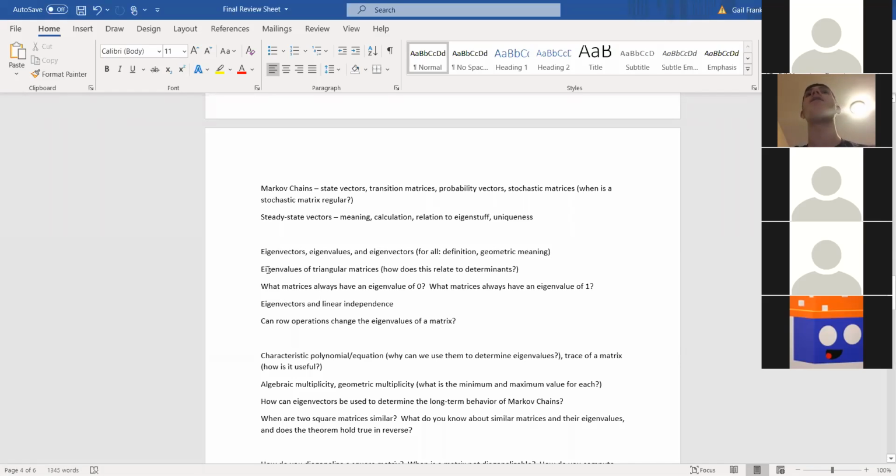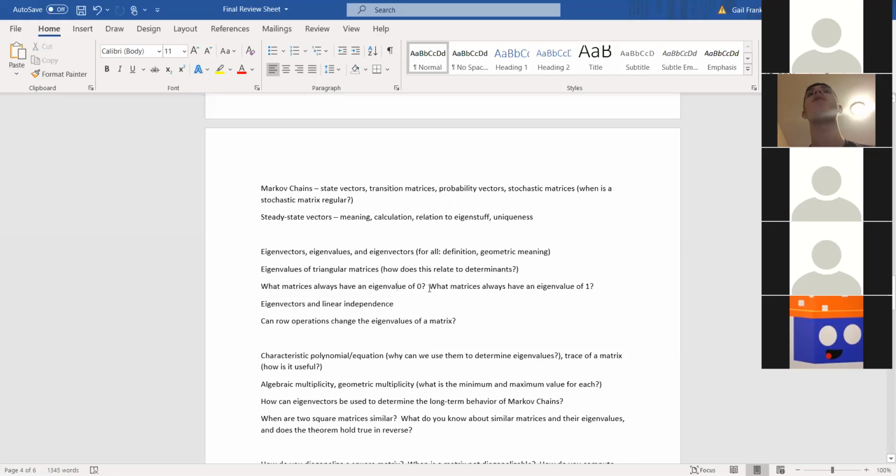So first, eigenvalues of triangular matrices. You can just pluck them off the diagonal. All the entries on the main diagonal of a triangular matrix are the eigenvalues. And how does this relate to determinants? Because remember, the determinant of a triangular matrix is multiplying all the entries on the diagonal together, and determinants and eigenvalues are related. What matrices always have an eigenvalue of 0?